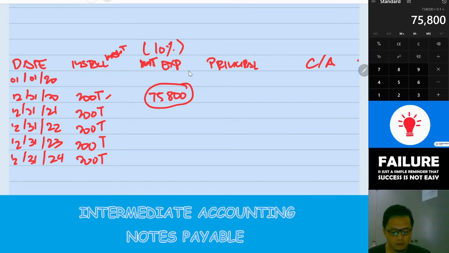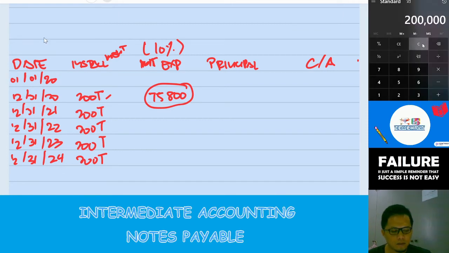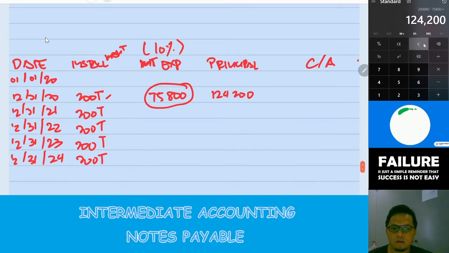So that means 200,000 installment, 75,800 daw dyan, applicable to your interest. So, the remaining principal basically is computed as 200,000, okay, minus 75,800. So that would be 124,200. Okay? That is 124,200.